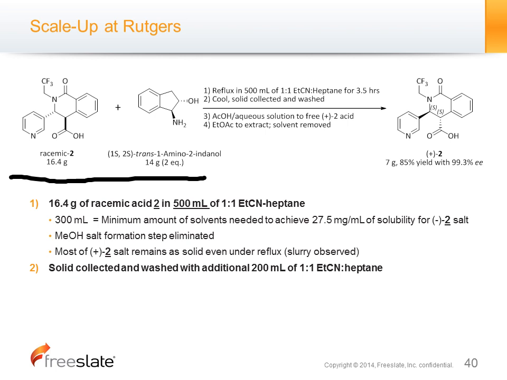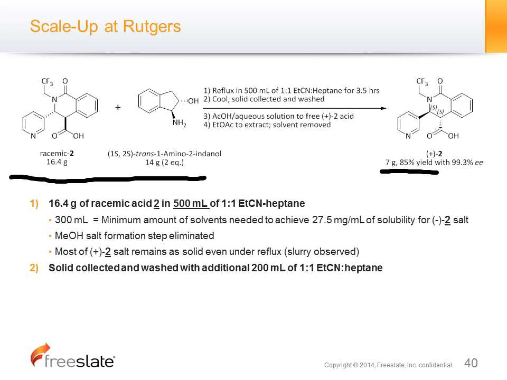After you cool it, an additional 200 mL of propionitrile and heptane was used to wash the solid to make sure the -2 salt is completely cleaned out of the solid. After that, the +2 carboxylic acid is released using a citric acid aqueous wash and ethyl acetate extraction.